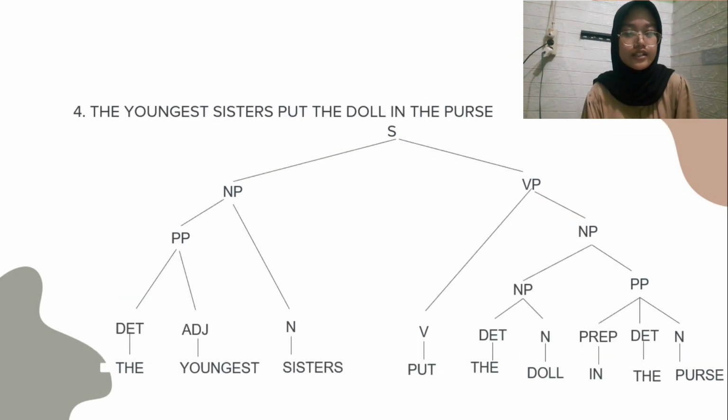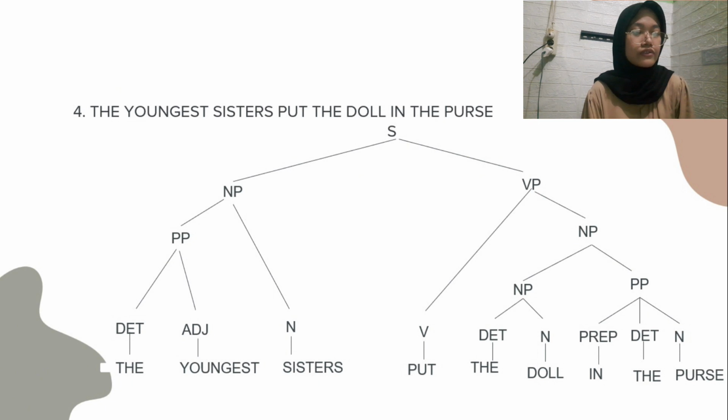Number 4. The youngest sister put the doll in the purse. So the sentence is divided into two: noun phrase and verb phrase. The noun phrase is divided into two: noun, which is sister, and prepositional phrase divided into two: the as determiner, youngest as adjective.